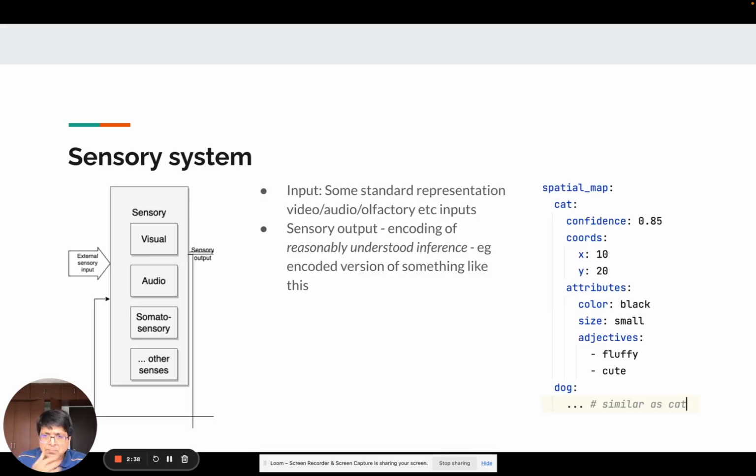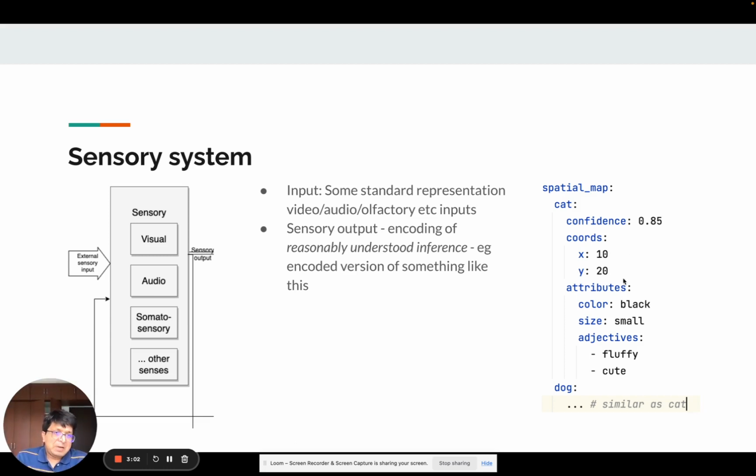Imagine the sensory system takes whatever sensory inputs we have, with videos coming in from different streams, and however we model olfactory inputs and other senses, and I'm sure I've missed many of these senses here, and outputs some rational understanding of what the world is like.